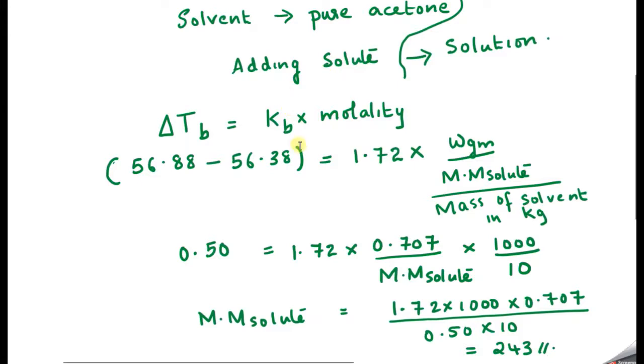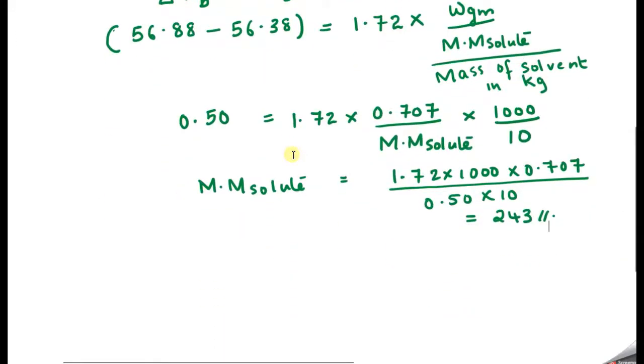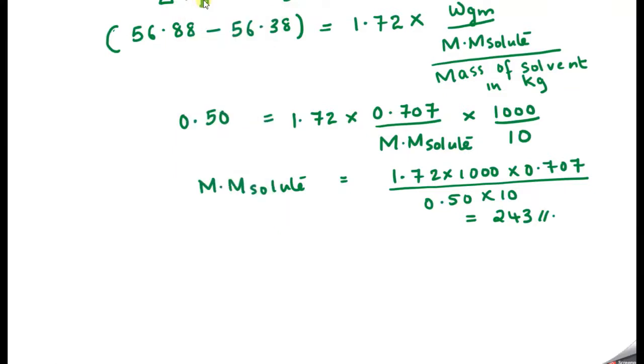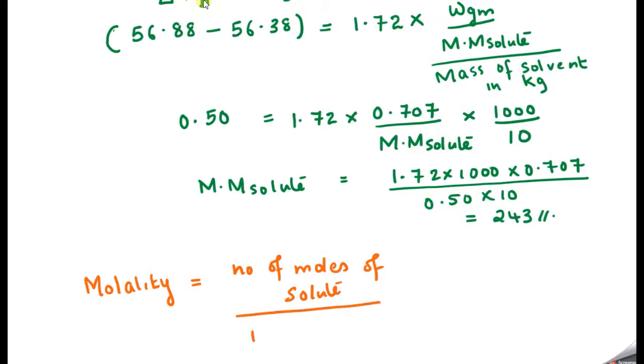This is the basic way we need to handle the question. If you need more clarity in this formula, I can write it in another way so that you get a clear picture. I will take another color. Molality is defined as the number of moles of solute by mass of the solvent in kilogram.